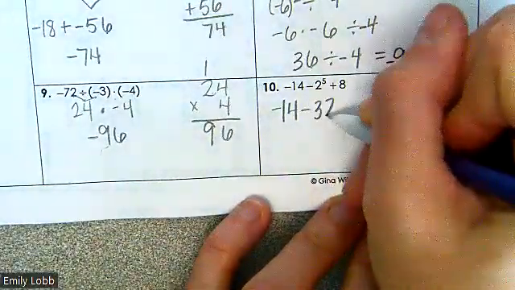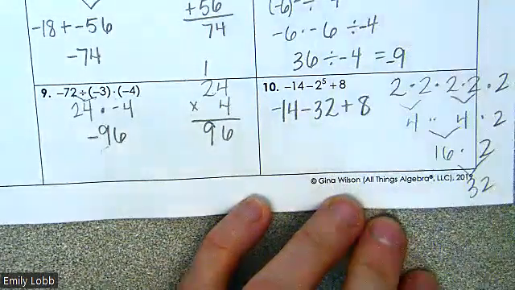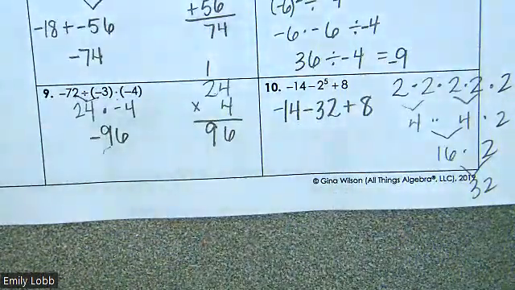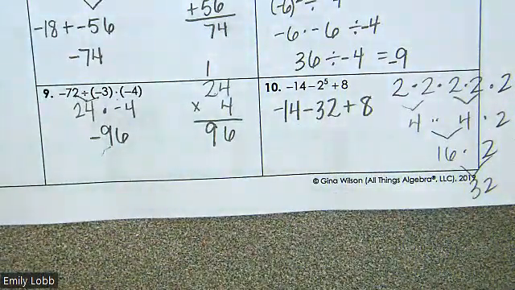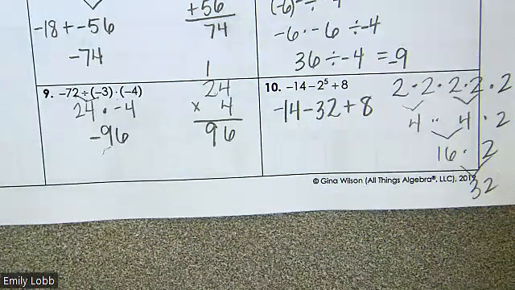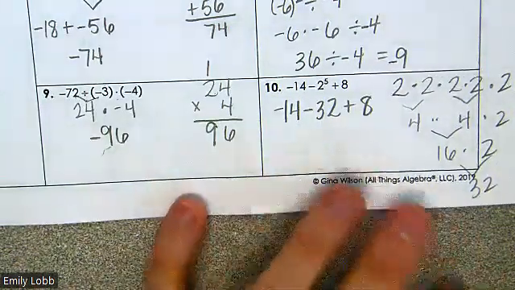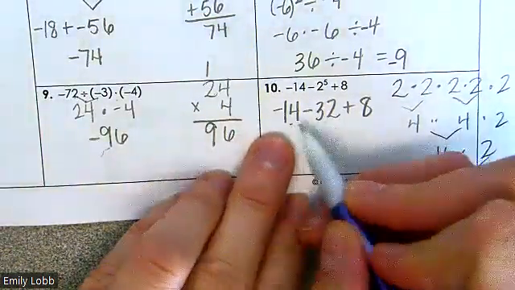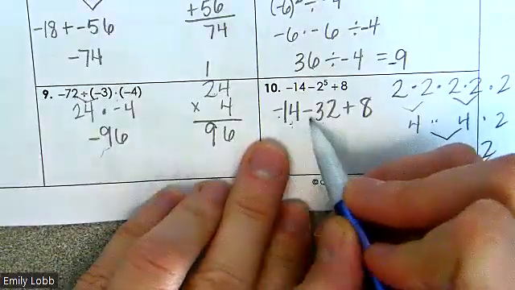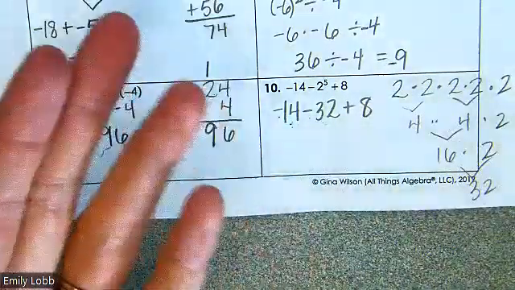We have 32 plus 8. Now what's first, addition or subtraction? Subtraction, because it's on the left. Very good. We have to do addition and subtraction from left to right. So here, when I have a negative and a negative, I would say my signs are the same.